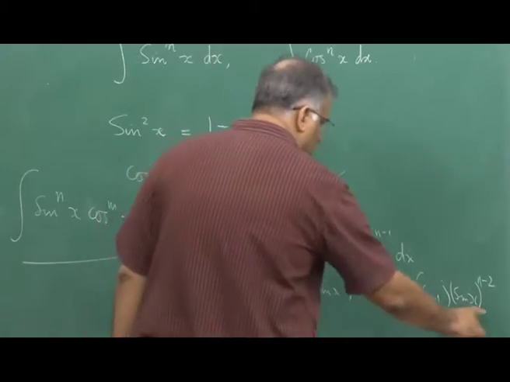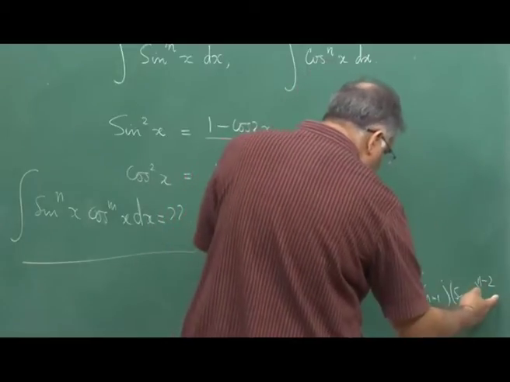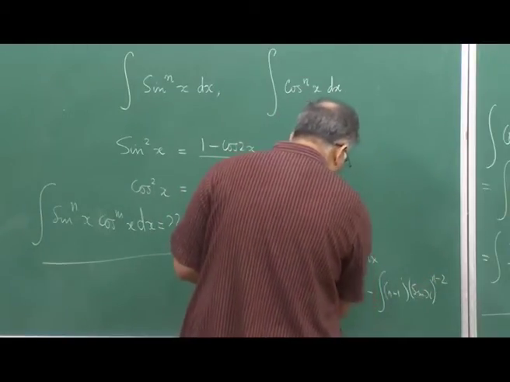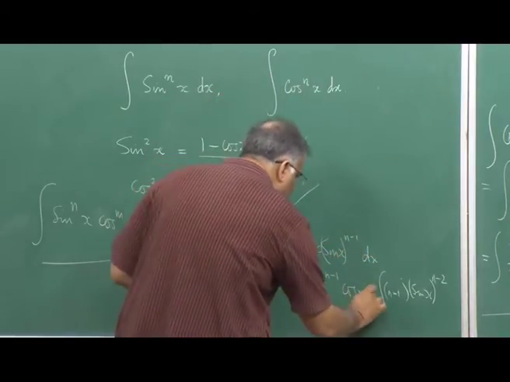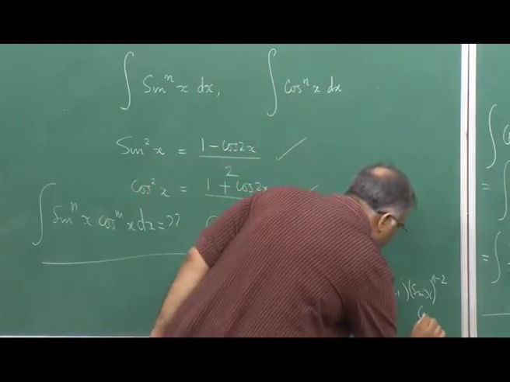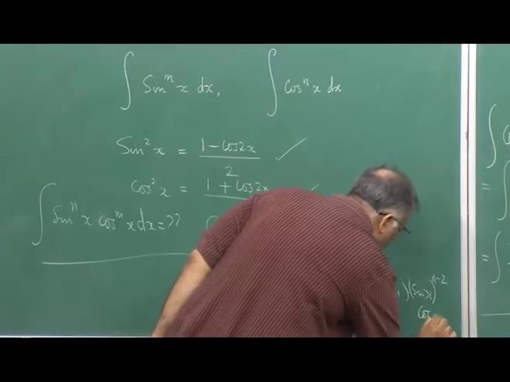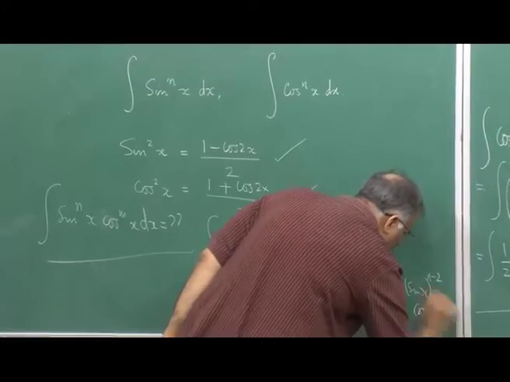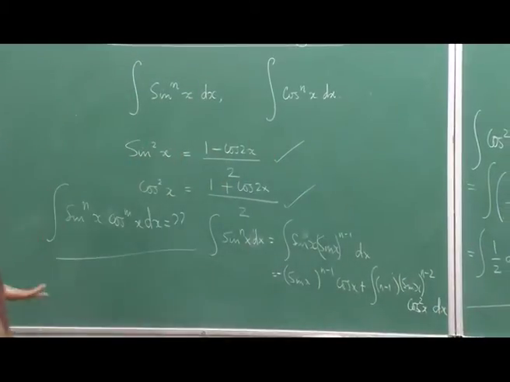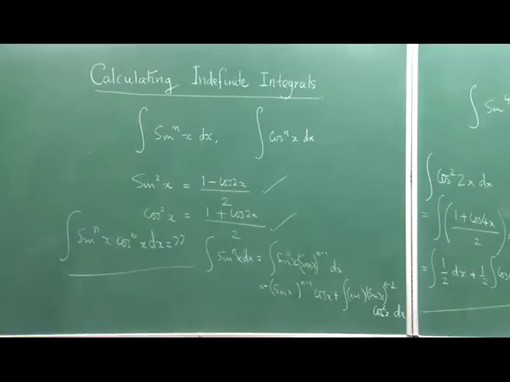So here I will have cos x into minus cos x, which is coming from here. So it will become cos x square, and outside that it will become plus, cos x whole square into dx. That is what the formula looks like.